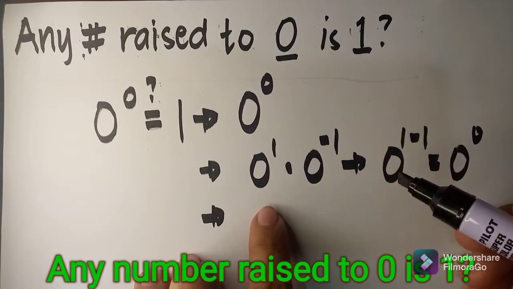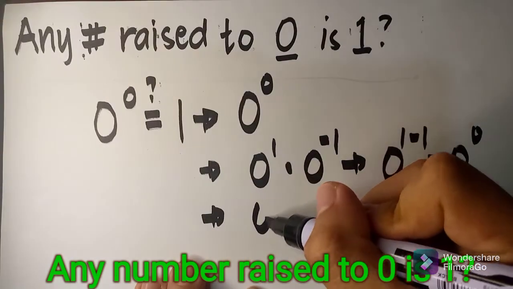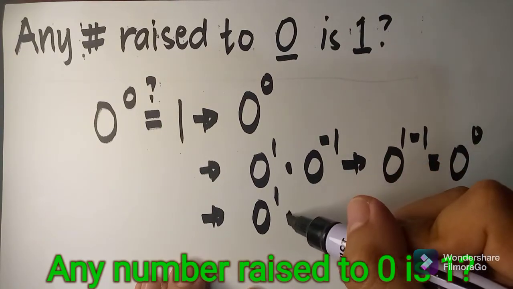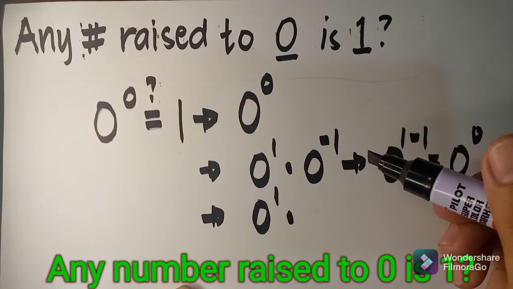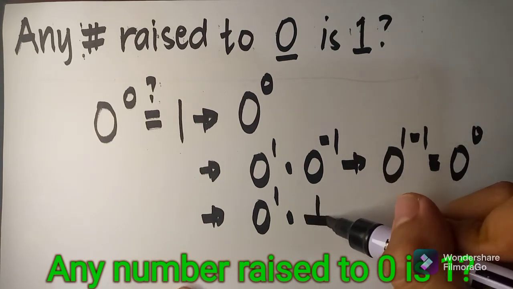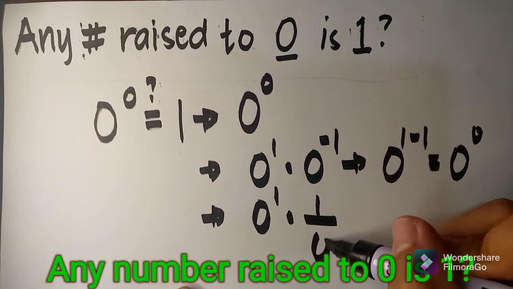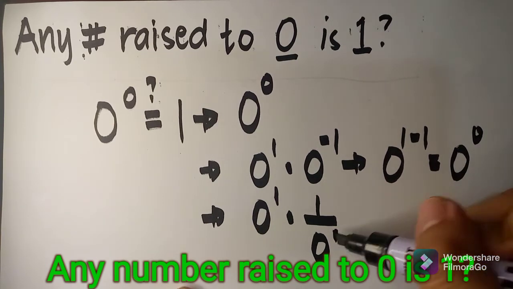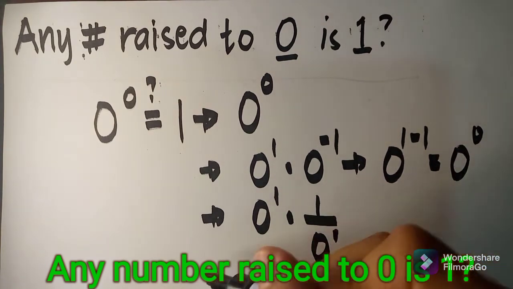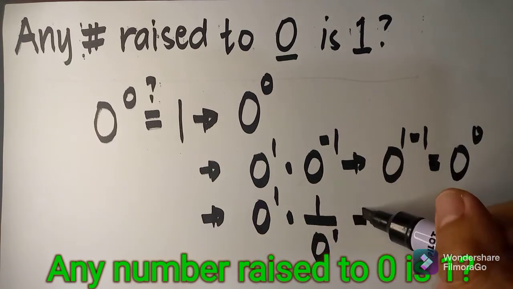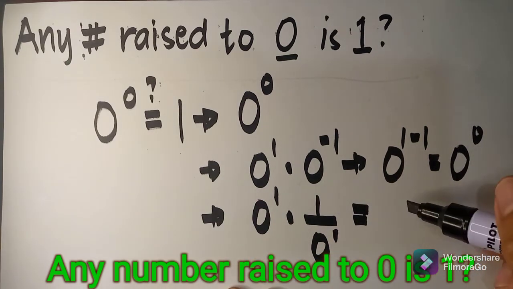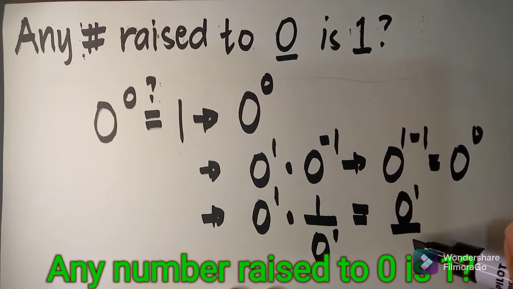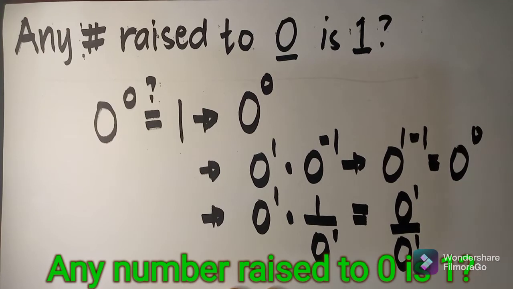Okay, so let us proceed. After having this, we can have now 0 raised to 1 times 0 raised to negative 1, which is just the same as 1 divided by 0 raised to 1. Therefore, we can simplify this as 0 raised to 1 over 0 raised to 1.